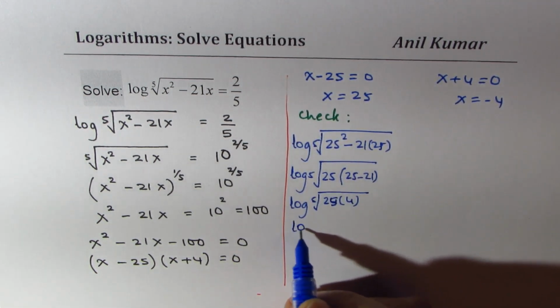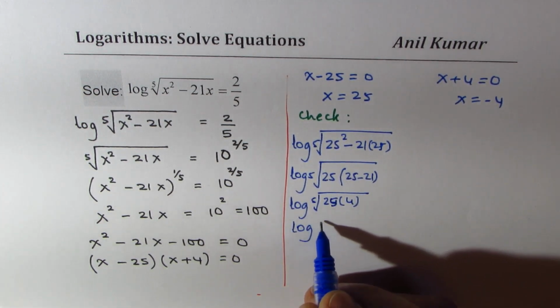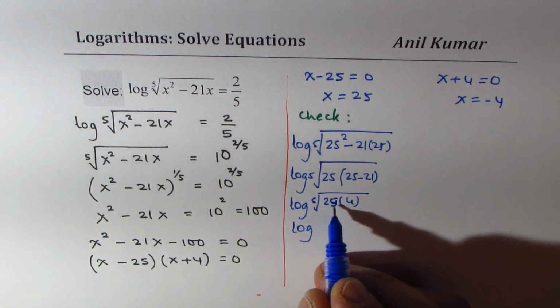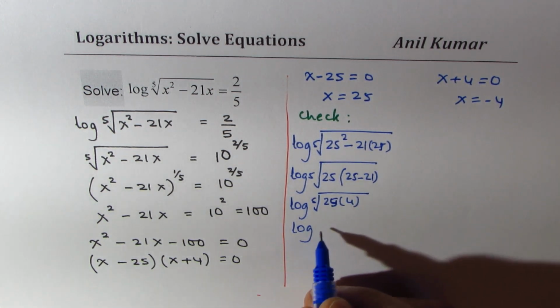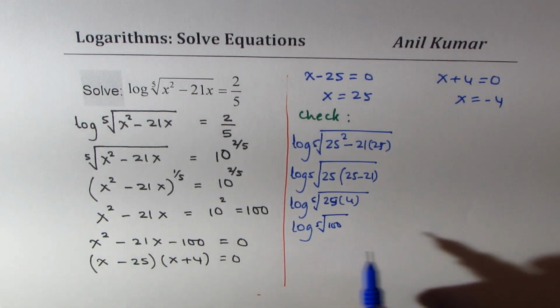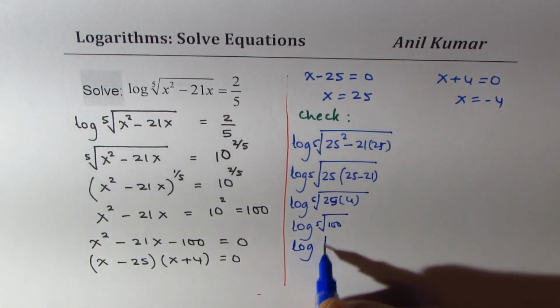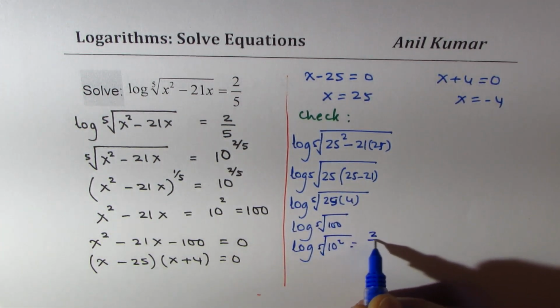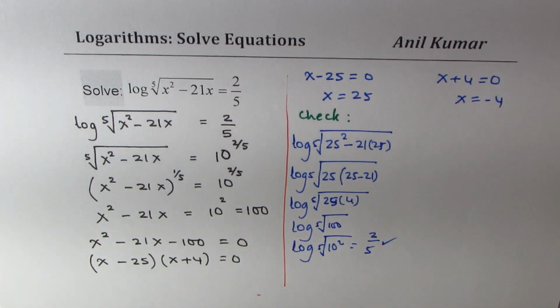So we have log of the fifth root of 100, which is the fifth root of 10 squared, which is 2 over 5. So that works. Perfect. So this solution is perfectly fine.